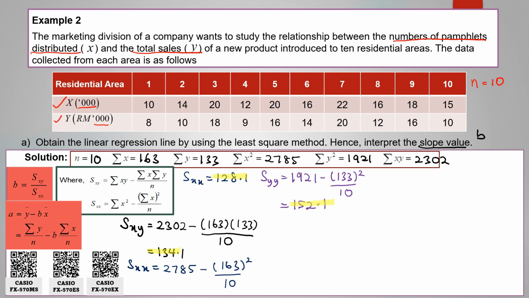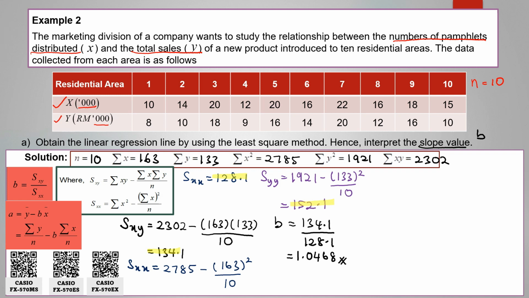Now let's find the value of b. b equals Sxy, 134.1, divided by Sxx, 128.1. The value of b would be equal to 1.0468. So this is the value of b. Please write it correct to 4 decimal places.